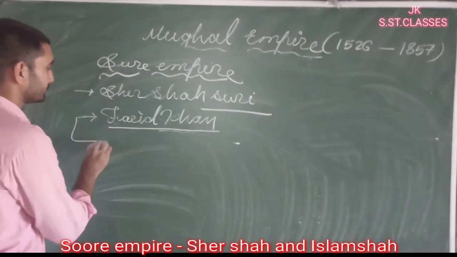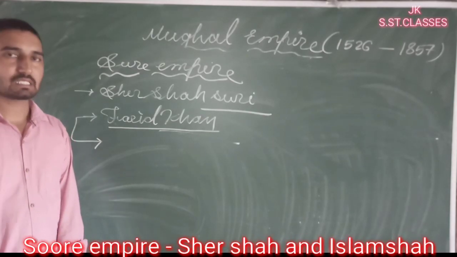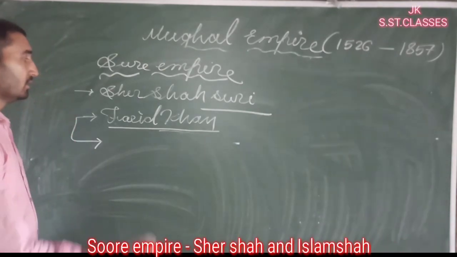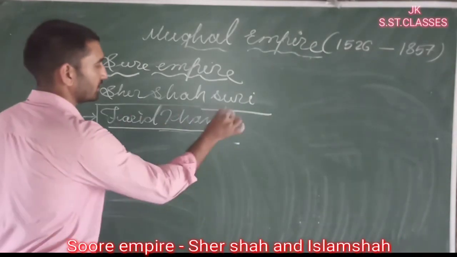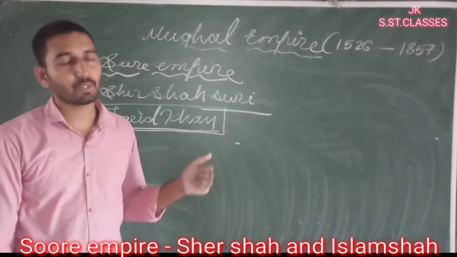His father was a Jamindar of Sasaram, Bihar, under Jaunpur state. Bare-handed, Farid killed a lion, a tiger.